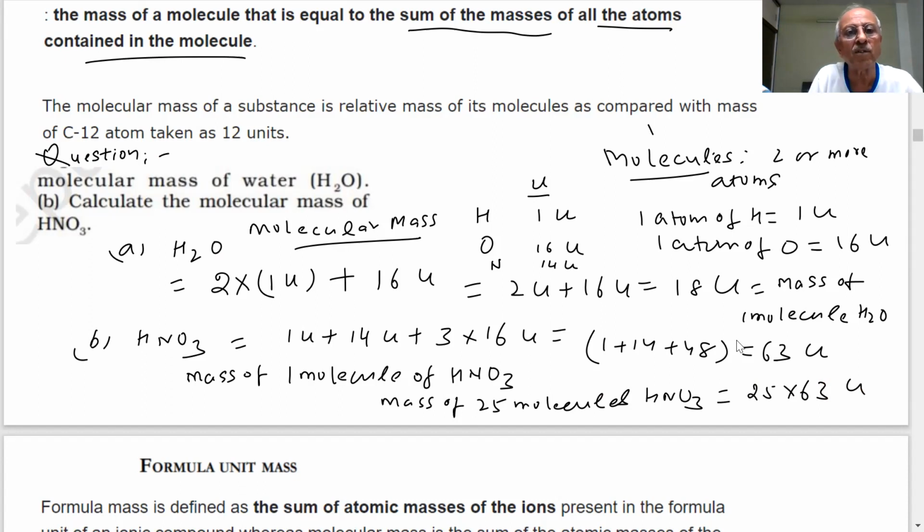If I give another question, student, find the molecular mass of C6H12O6. This compound is glucose. You have 1 to 2 minutes to answer the question, students. Okay? We have 1 to 2 minutes to answer the question.